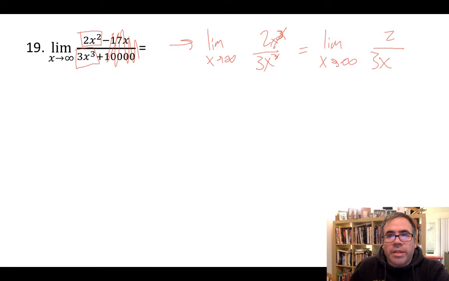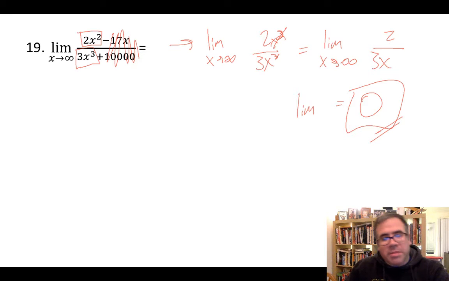As x gets larger and larger, this fraction is clearly going to get smaller and smaller, so that means the limit has to be equal to 0. All right, no calculus required. That kind of tripped some people up, but this is just straightforward. Do you remember how limits work?